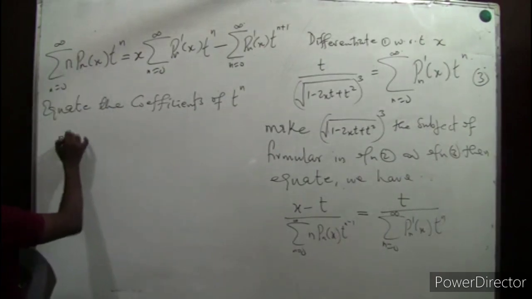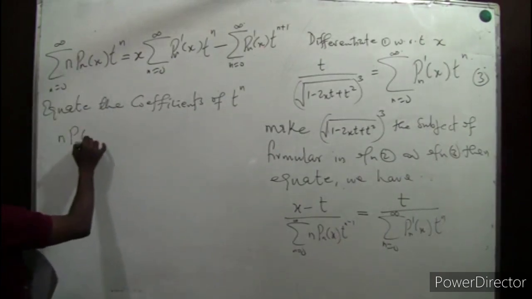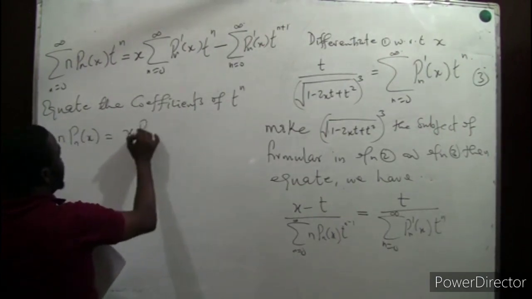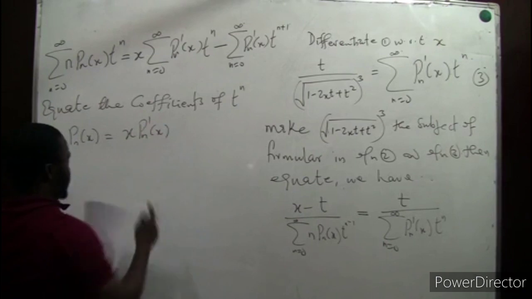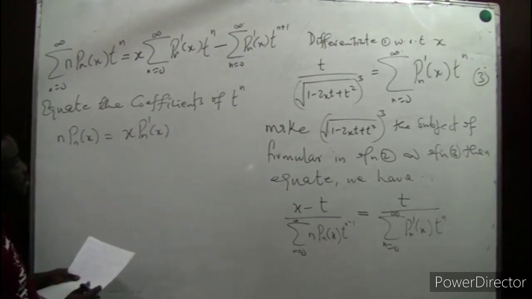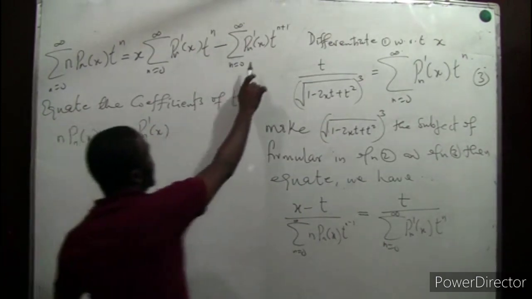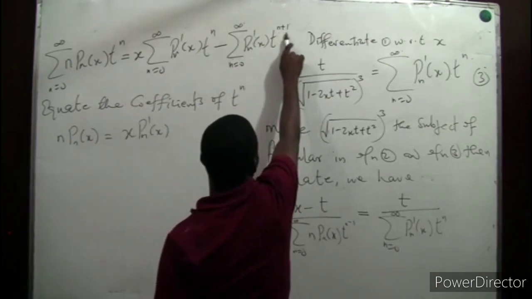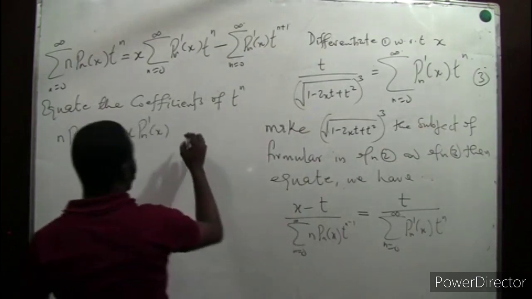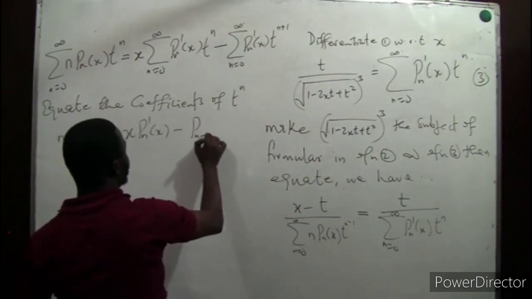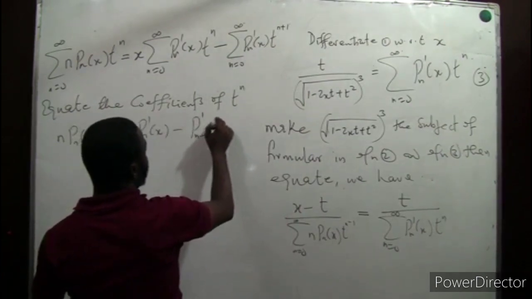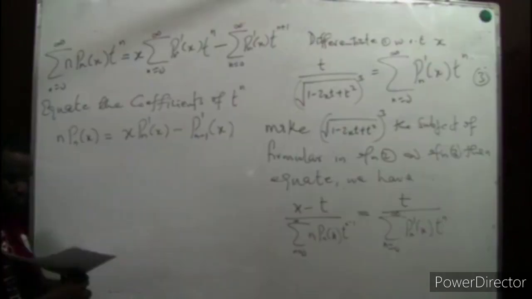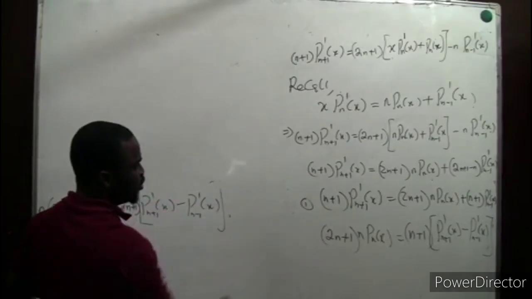At the left hand side, we do not have any problem. The first term at the right hand side, no problem with that one, Pn prime of x. Then the other term, the term just before t raised to power n gives us minus Pn minus 1 prime of x, which is the desired result.